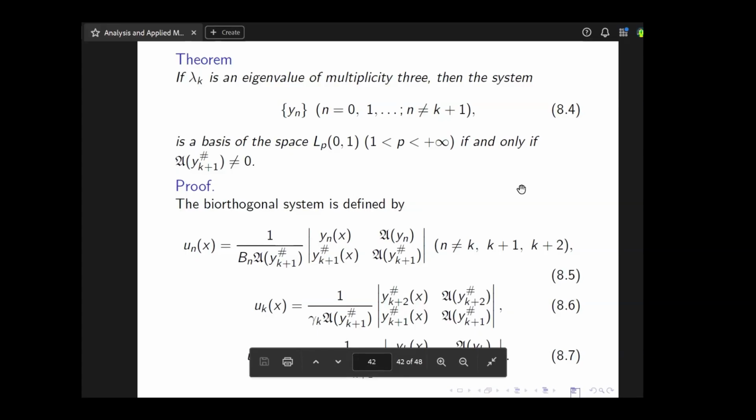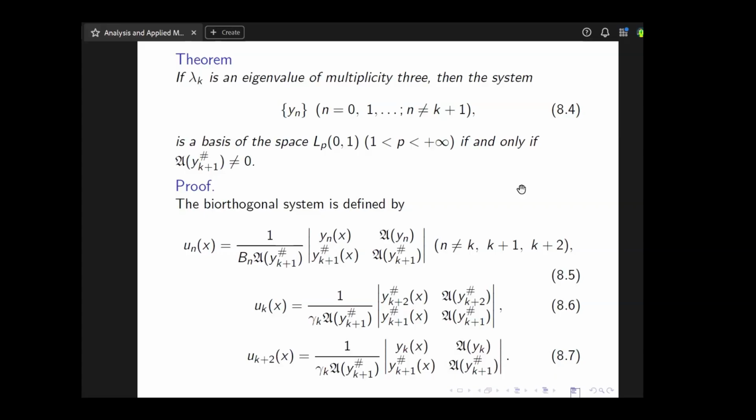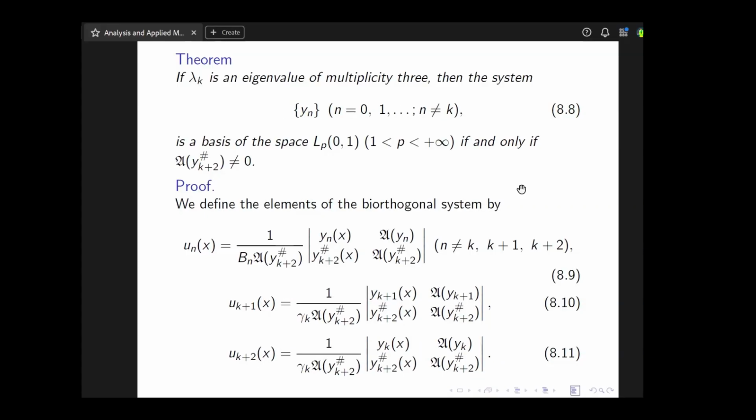The results of Professor Shkalikov are about that special case y'(0) equals 0. We consider a more general case.